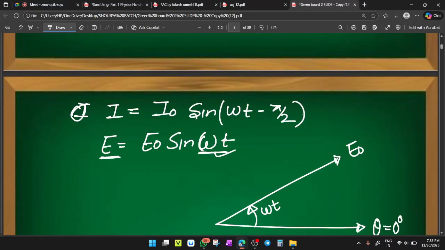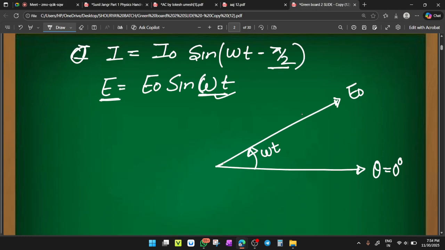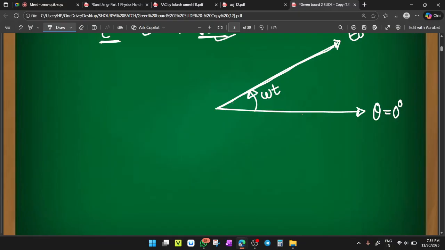Now the phasor for the current is lagging pi by 2 behind. Lagging pi by 2 behind means with respect to omega t, it lags behind by an angle of pi by 2, which is 90 degrees. Is this angle looking like 90 degrees? Yes.